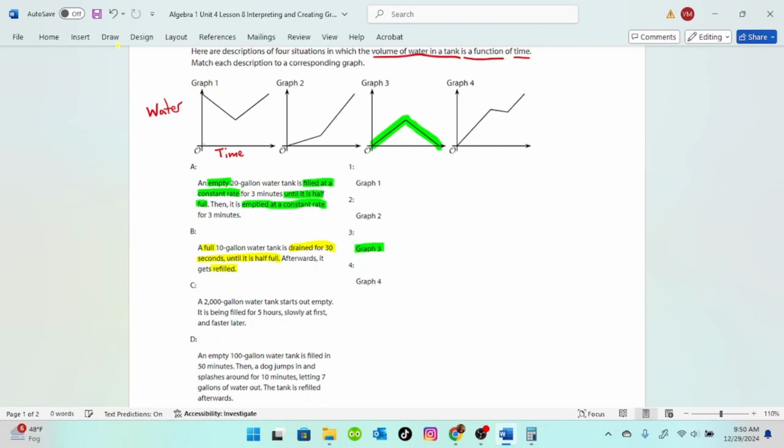And the only graph that starts full is graph 1. We see it start full, drain halfway, and then get refilled. So that means description B matches graph 1.